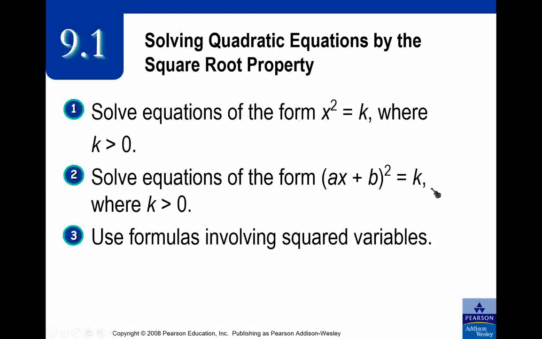Let us solve equations of the form x squared is equal to k, where k is always greater than 0. Then, solve equations in the form of (ax + b) squared is equal to k, where k is always greater than 0. Then, use formulas involving squared variables.